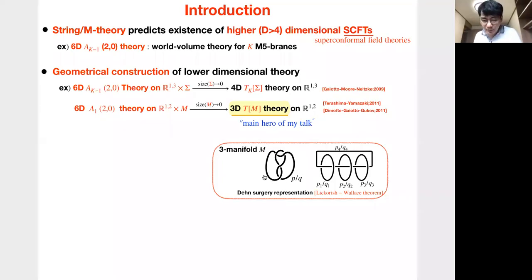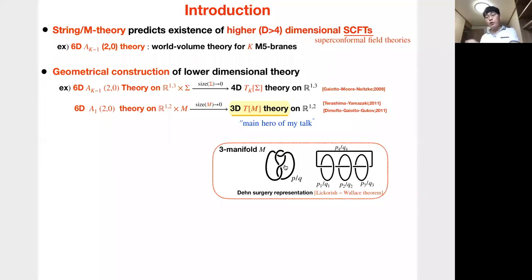So this manifold can be constructed in this way. We consider some knot in the three sphere. The three sphere can be thought of as R3 with a point at infinity. Then we consider this knot, and we remove a tubular neighborhood of this knot. This is called the knot complement. Then the resulting three manifold will have a torus boundary.